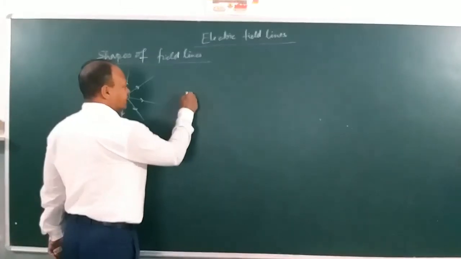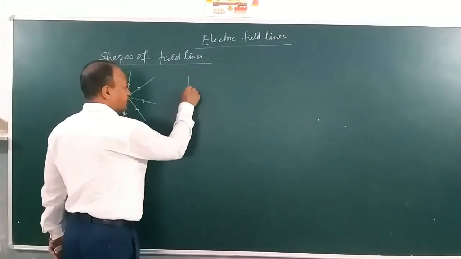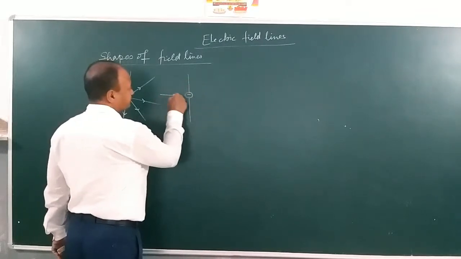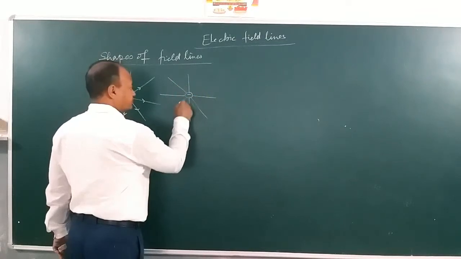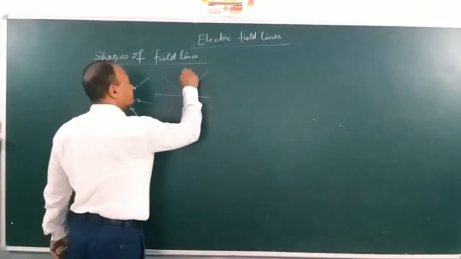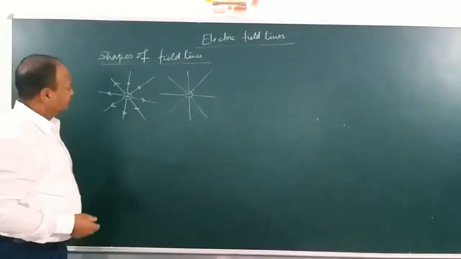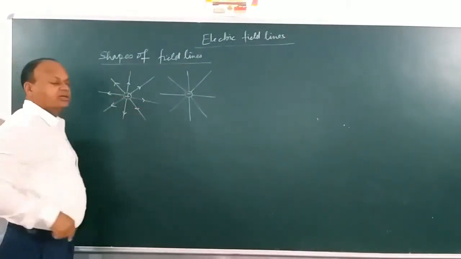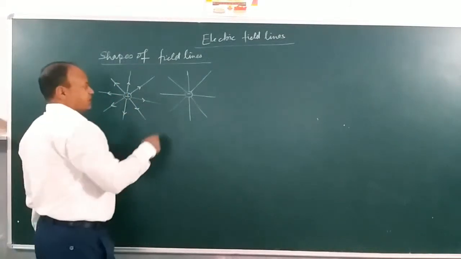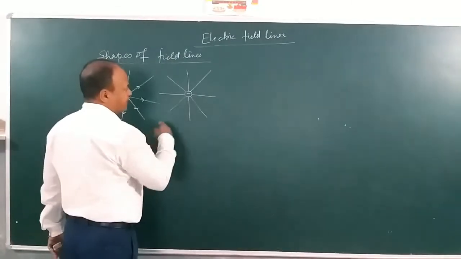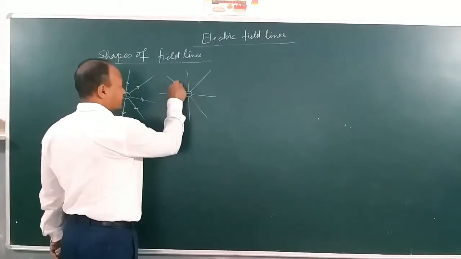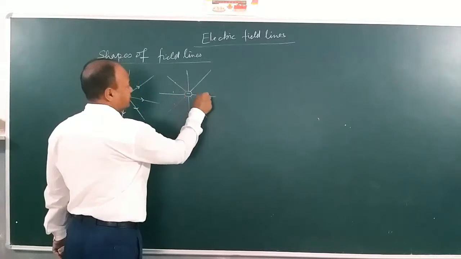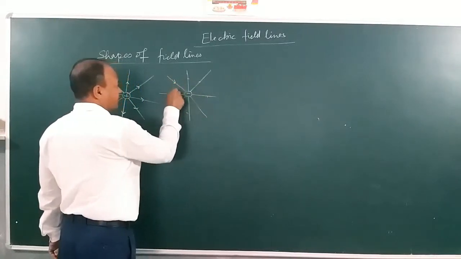If I consider a negative charge here, this will also be radial. You can imagine that the charge is like the center of the sphere, and these lines are coming outwards. Here you can imagine the charge is the center of the sphere, and the lines are going into the charge.